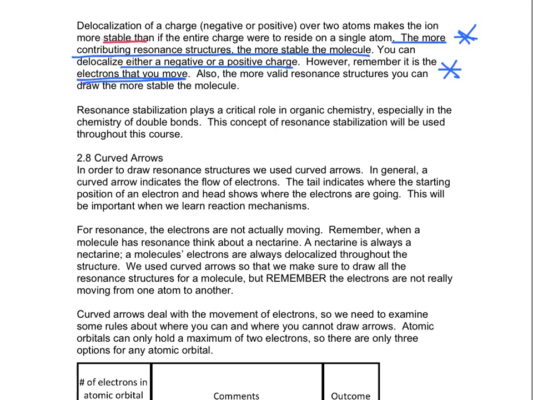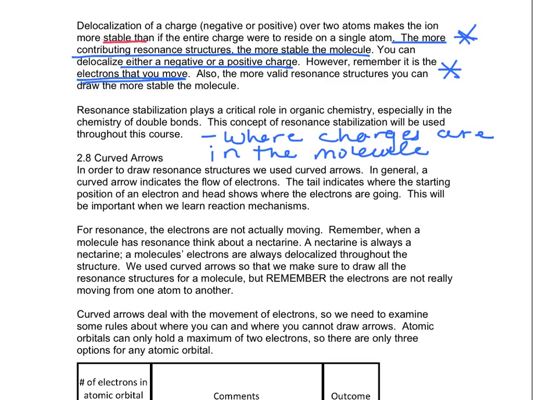The electrons move. Okay? And so resonance is critical because it shows us, again, where charges are in the molecule. And it also indicates stability.